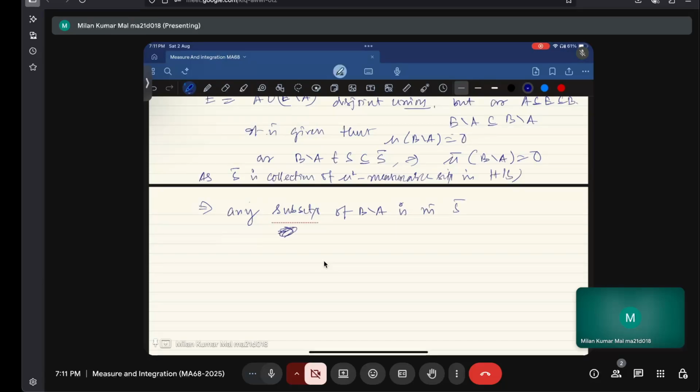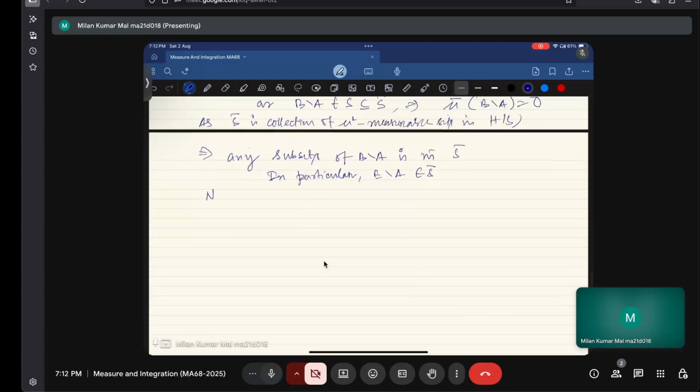So in particular E minus A is in S closure. Now A is in S, so that is also in S closure. That implies A union E minus A is again in S closure. That implies E is in S closure. So this settles the problem. So E belongs to S closure. This is the problem we had to prove.